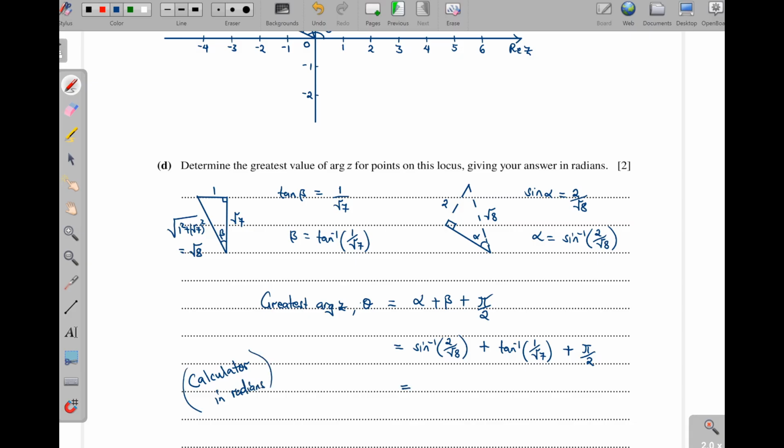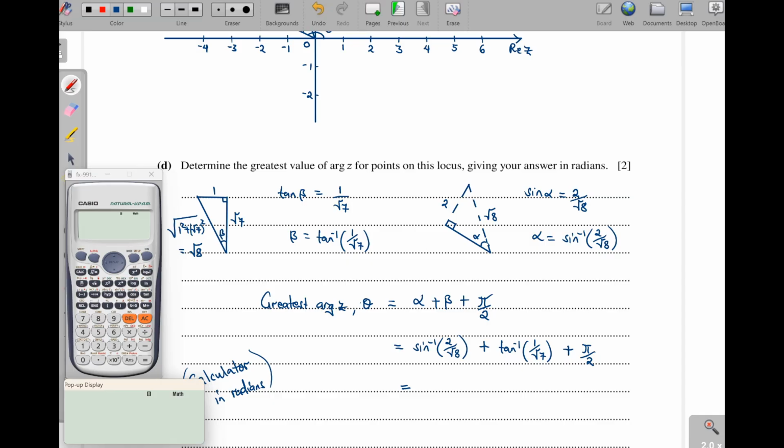Now, when we put this in the calculator, the answer to 3 significant figures, what is it going to be? My calculator is already in radians, so arcsine of, no, it's not a 1, it's a 2 out of the square root of 8, then plus the arctan of 1 out of the square root of 7, then we close this, we add pi out of 2.